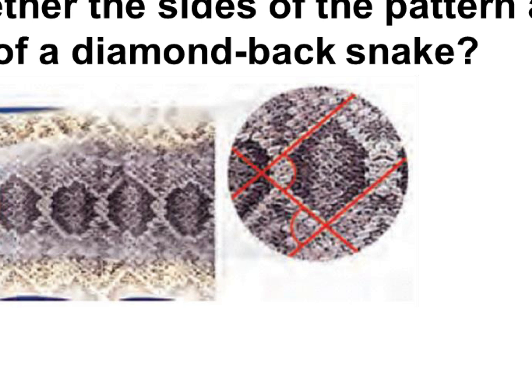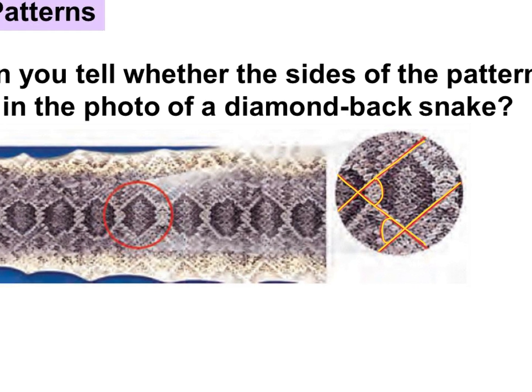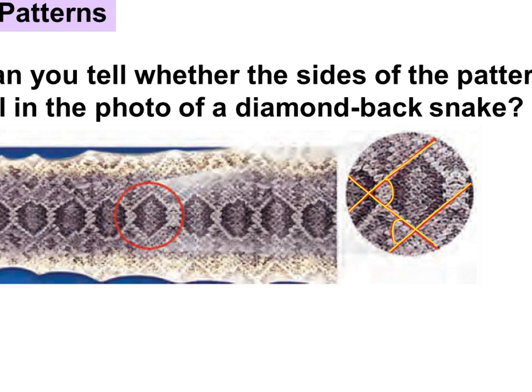We see congruent symbols, so I'll trace it over in yellow. Hopefully you could see it. Let me use a little thicker one. This is what the diagram looks like for those of you who can't really see it because it is very faint. So looking at it, how can I tell that the sides of the patterns are parallel? How could I tell?